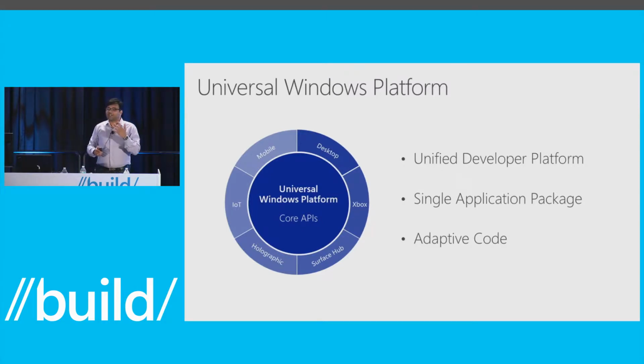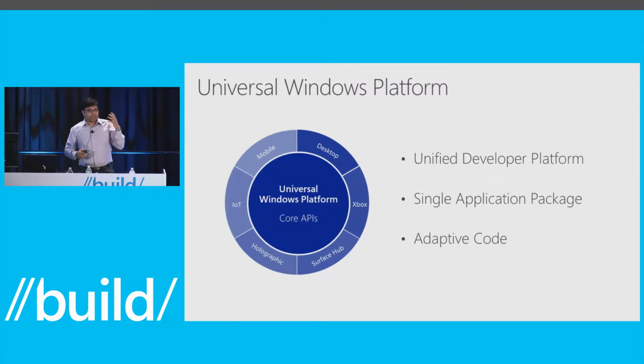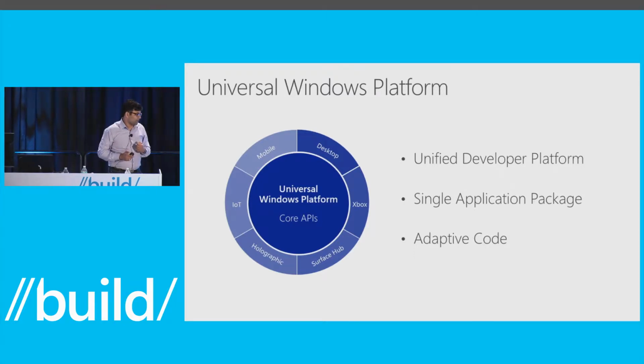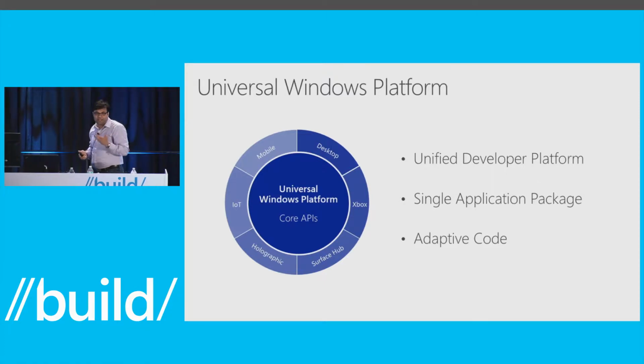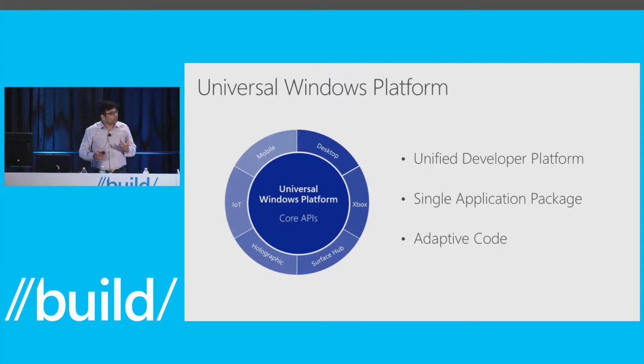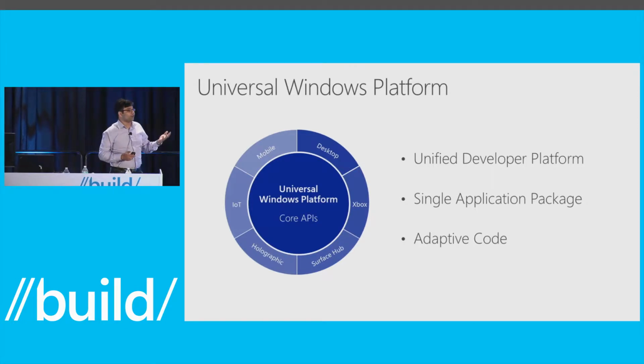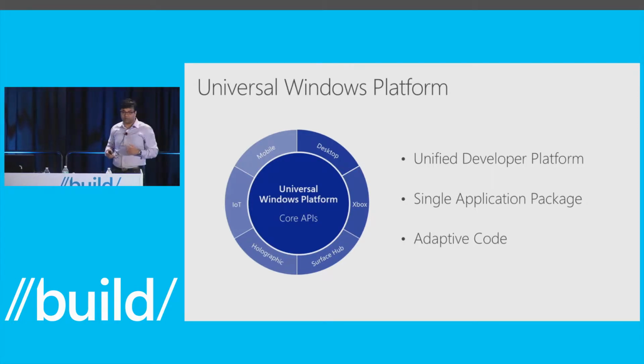As an example, let's think about mobile, right? There are still a lot of phone devices that have hardware back buttons, right? So as a developer, you need to think about how your application will use the capabilities that are specific to a device family. And that's where we will explore what adaptive code is and how you can write adaptive code. And we'll look at some demos for that as well.